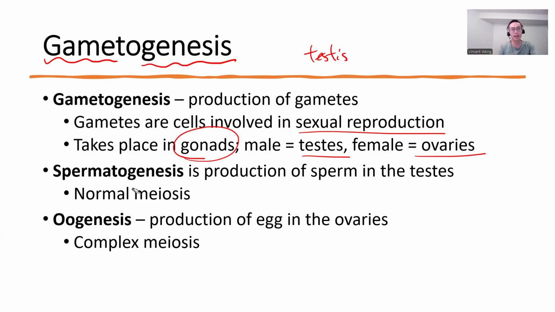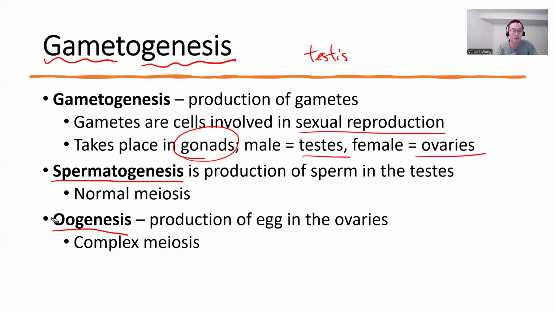So for males, the specific process of producing gametes is called spermatogenesis. Again, it's not difficult to understand these names. Genesis, it's to create, and what are we creating? We're creating sperm. How is that different from gametogenesis? Well, gametogenesis is just the genesis of gametes in general, but if you're producing sperm, then it's spermatogenesis. If you're producing eggs in females, then it's called oogenesis.